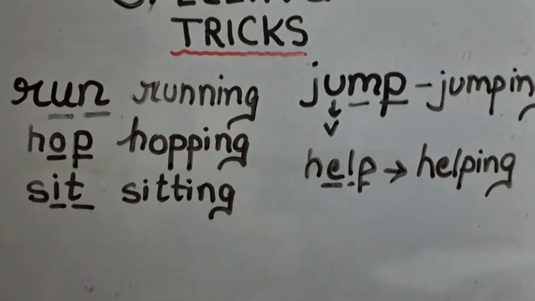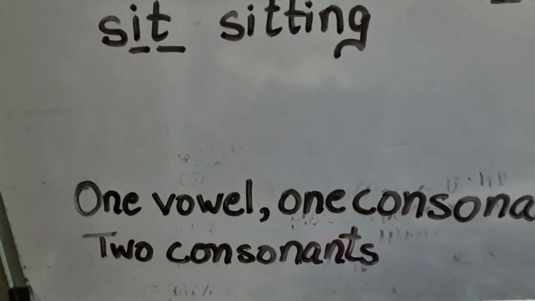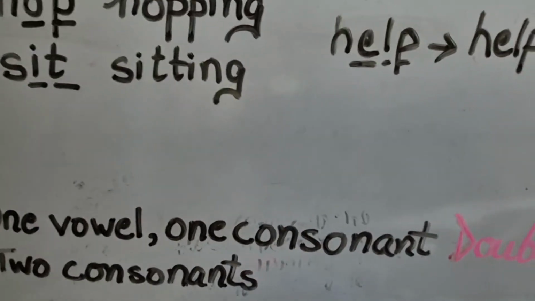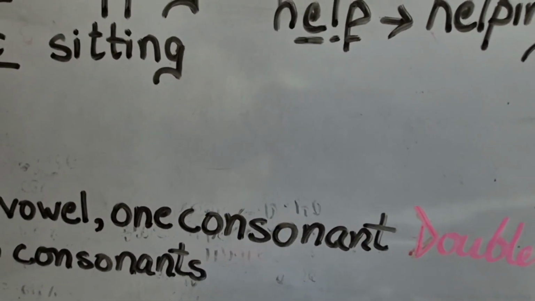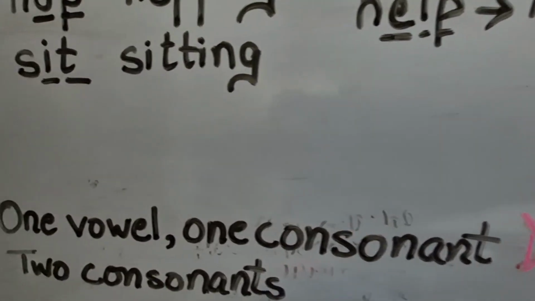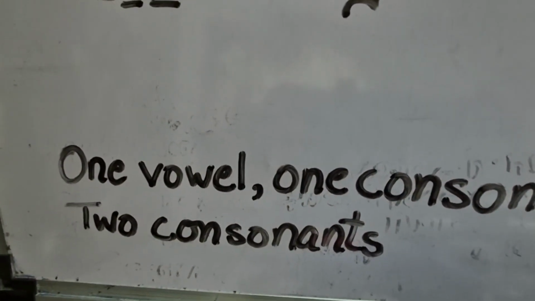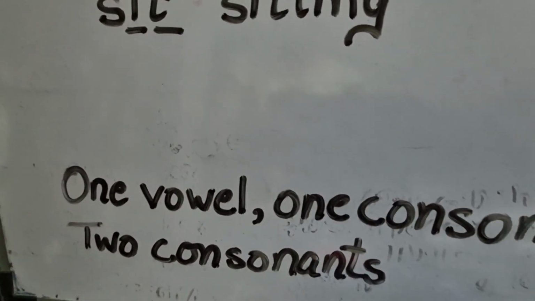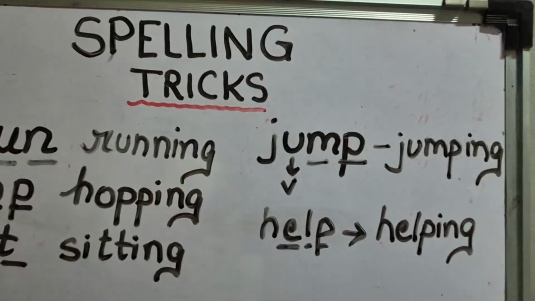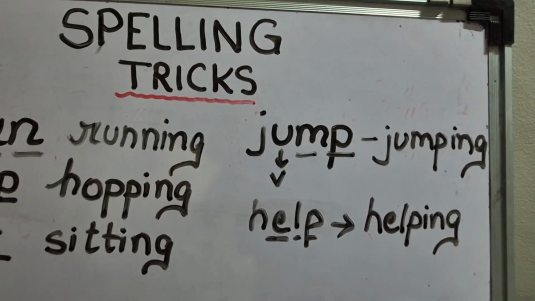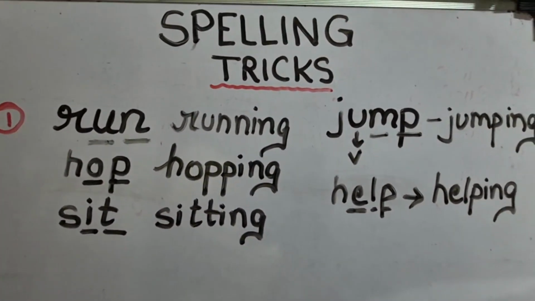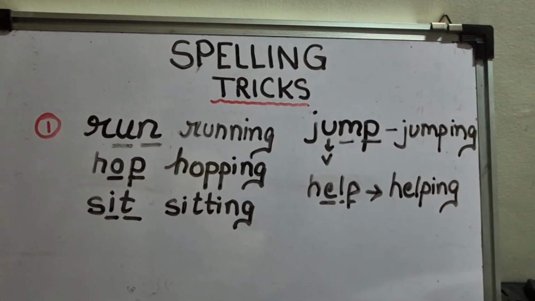We have understood that if there is one vowel and one consonant at the end, we will double the consonant, that is the last letter. But if there are two consonants at the end, we will not double it. As in the case of jump, jumping, we have not doubled the last letter P. Okay? So this is the trick you can remember. First trick I have told you.